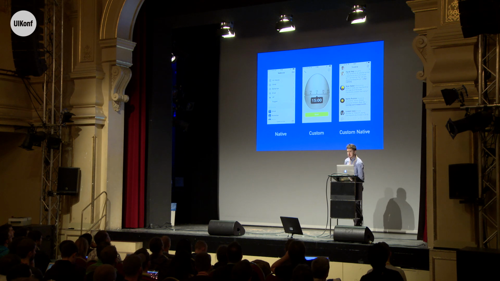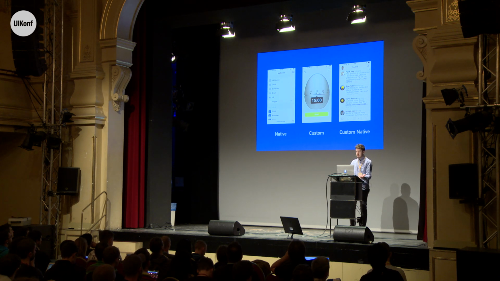But there are varying degrees of custom UI that you can use in your applications. And here are 3 examples of some common visual options you can go for. So of course, there's native, custom, and something that I like to call custom native. Native kind of explains itself.